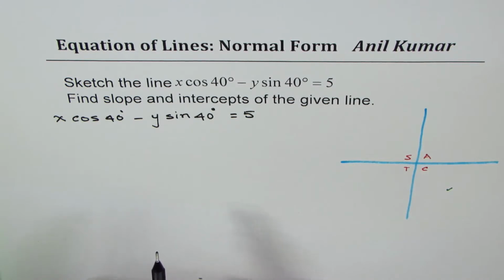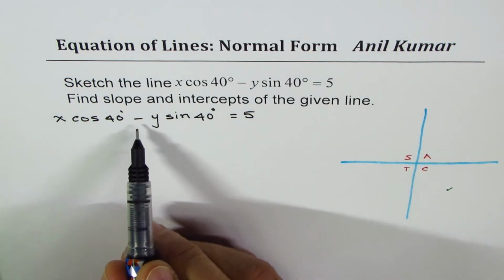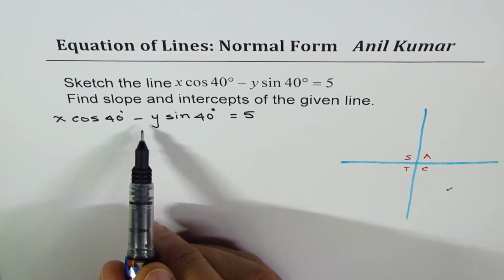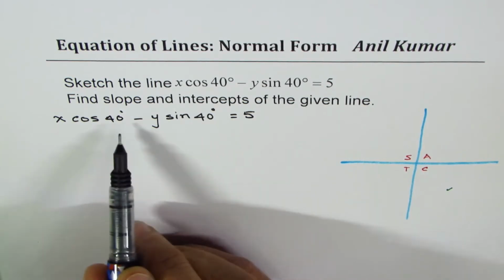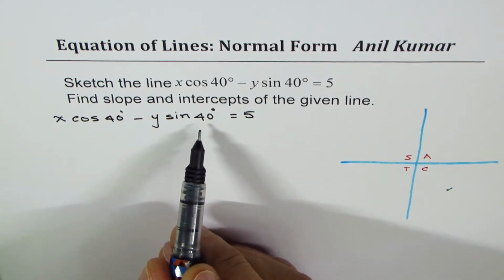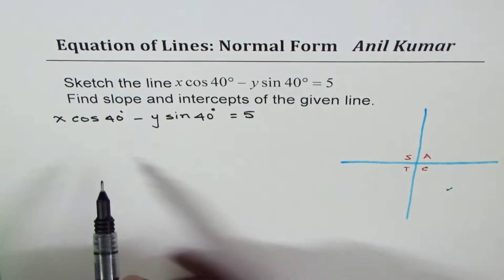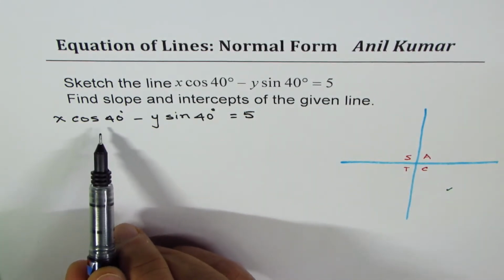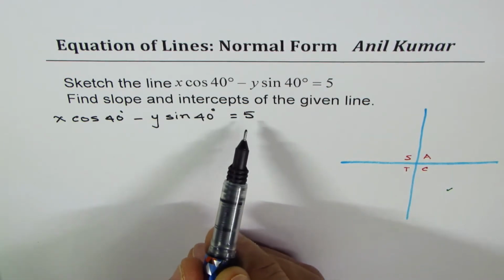Well, the answer is no, because in normal form we have a plus in the centre, and we have a minus here, right? That clearly indicates that the angles have been written not as the principal angles, but as the related acute angles. Now, from here, we know we are talking about a perpendicular of length 5.